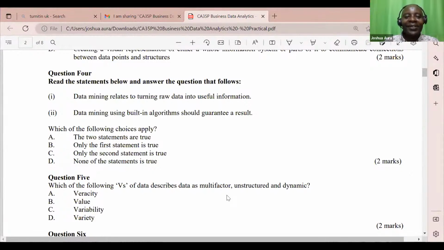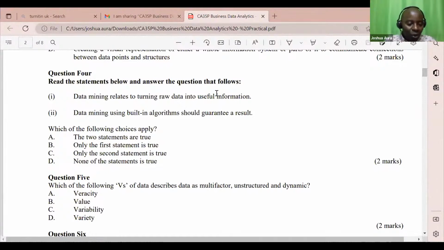Okay. So A, B, B, B, C. Now, ladies and gentlemen, the first one must be correct because of the definition. If you remember how we define data mining, it's all about extracting.